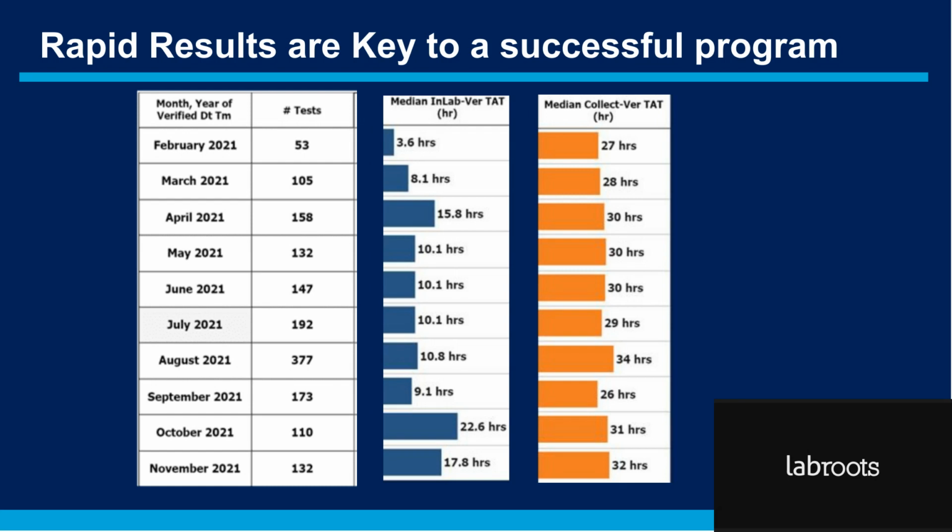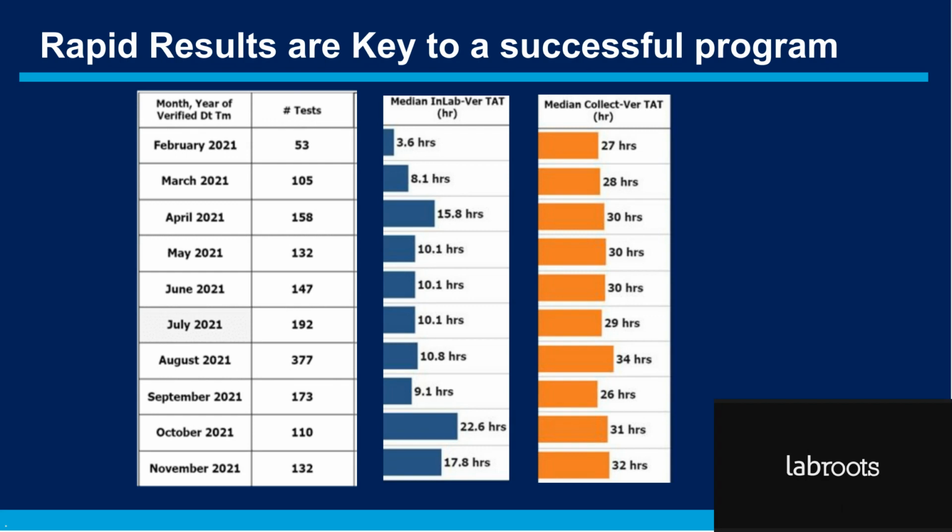The radius of the BayCare health system is pretty wide in terms of miles and transportation. So at one point, we may need to decentralize this test and put it closer to the patients in the hospital labs. We're not quite ready to do that now, but it's something definitely that we need to keep in mind.